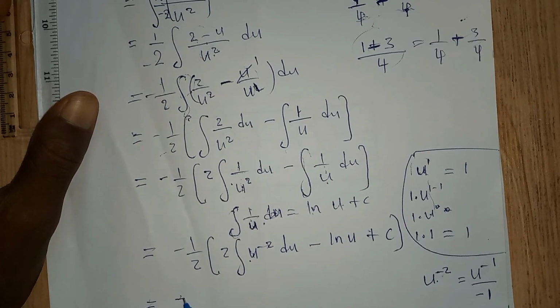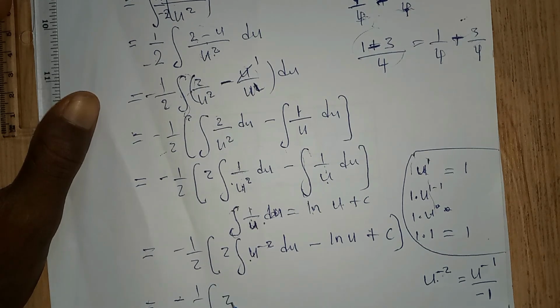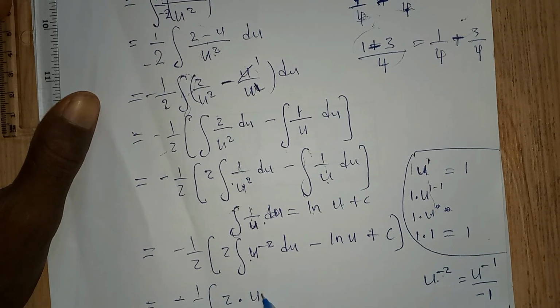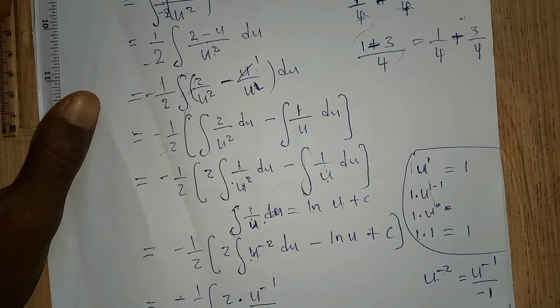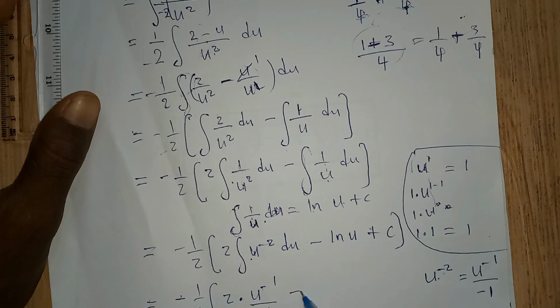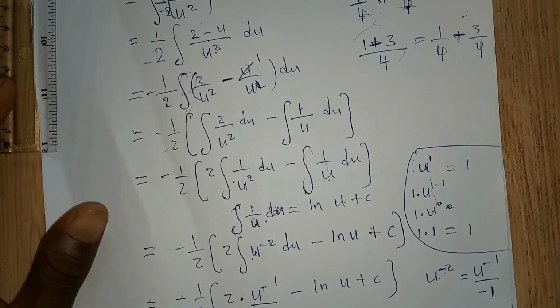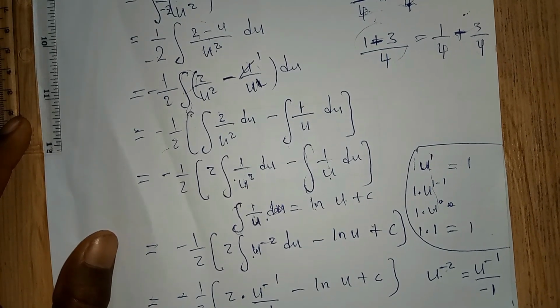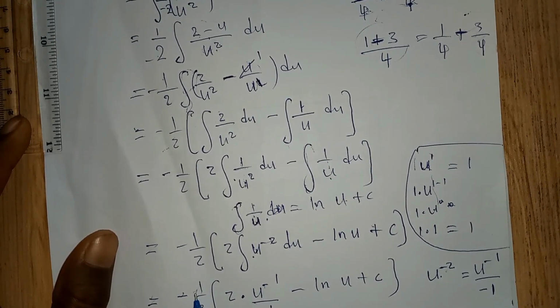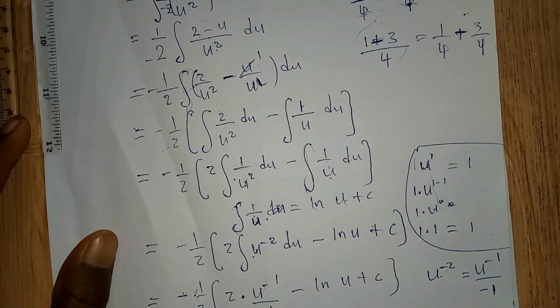So now you have minus 1 over 2 bracket 2 times u raised to the power minus 1 over minus 1 minus ln u plus c. From here we are going to open the bracket.